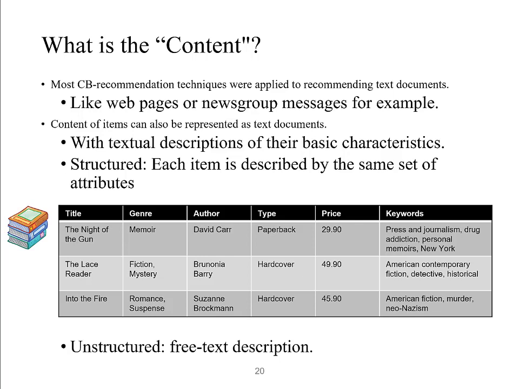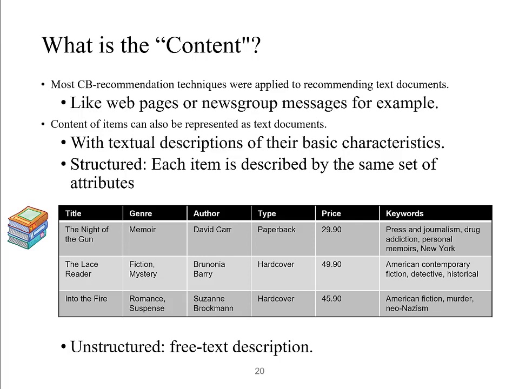We will see why later, after we get the idea of how it works. When we're discussing text documents, the content of the items can also be represented as text documents. So basically the idea is to use textual descriptions for their basic characteristics.